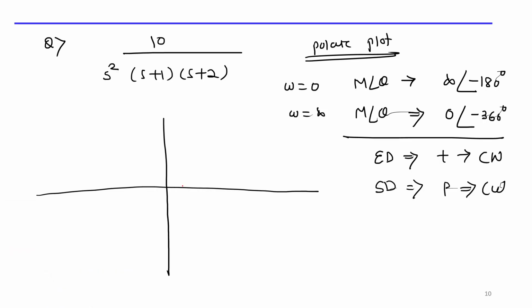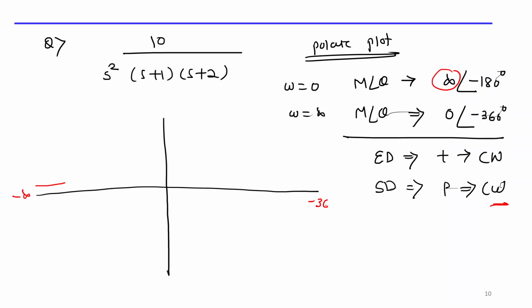Change some color. What is the polar plot? Where do you have to start? You have to start from infinity directly. So this is minus infinity. But at which angle? You have to make an angle -180. If you start, your starting direction should be clockwise. Then you have to move in the clockwise direction and reach 0 at minus 360.